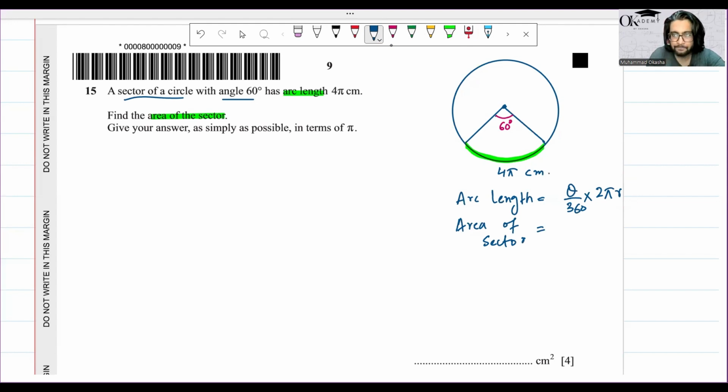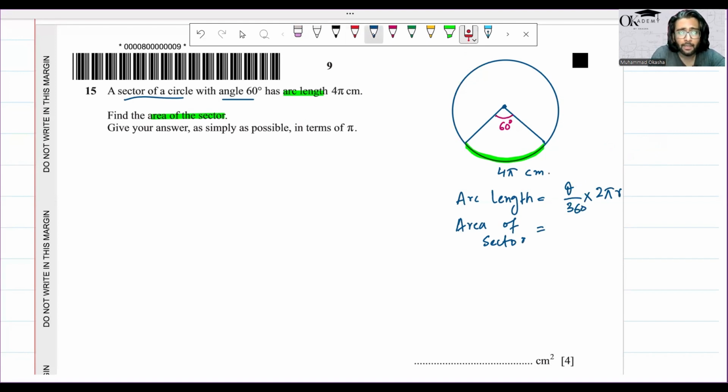If theta is 360 degrees, the whole circle, it'll be 360 by 360 multiplied by 2 pi r, which is just 2 pi r, the full circle. But whenever it's a specific angle, you put that angle in and divide by 360, then multiply by 2 pi r.